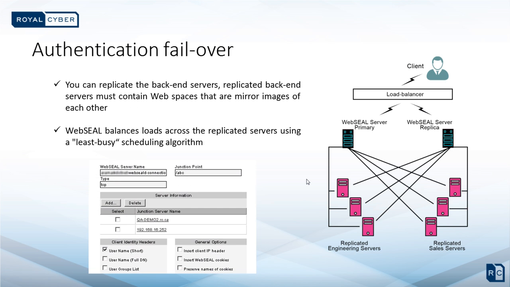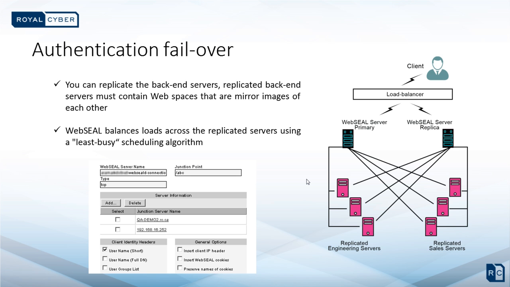Let's talk about one of those features in a bit of detail. The first one is the authentication failure that we talked about. To extend the scalability features to the backend server configuration, you can replicate the backend servers as well. In the case of replicated front-end servers, replicated backend servers must contain web spaces that are mirrored images of each other, basically.